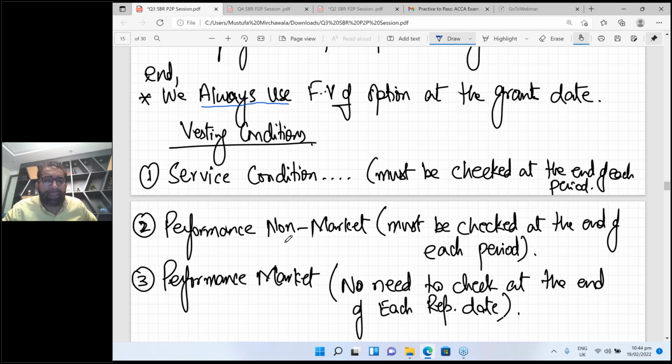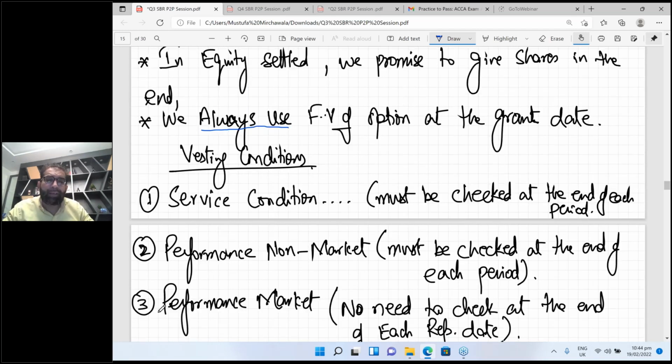Now the last and different one, the performance market condition. For example, you gave your employee a target of share price. In a performance market condition, each and every probability is taken into the fair value of the option at the grant date by statistical tools.